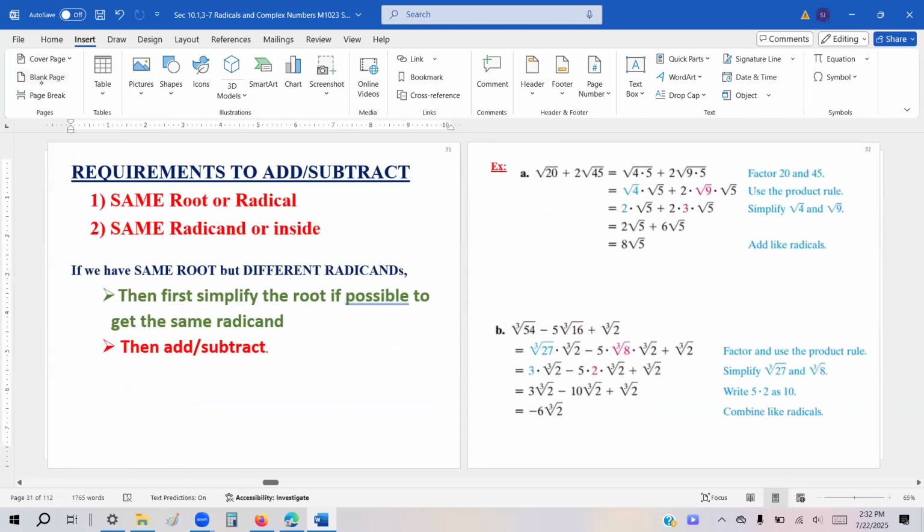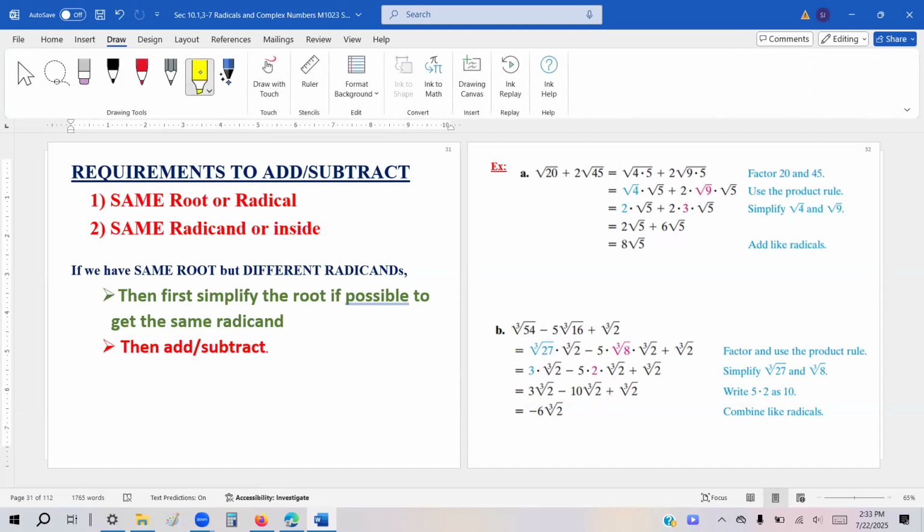Now let's do some fun examples. These are already given, done for us. The first one says square root of 20 plus 2 times square root of 45. At first glance, 20 and 45 are completely different numbers, so you may think we cannot do anything.